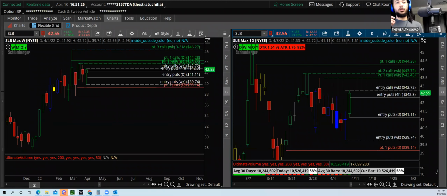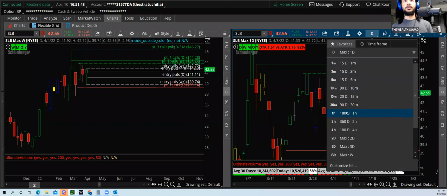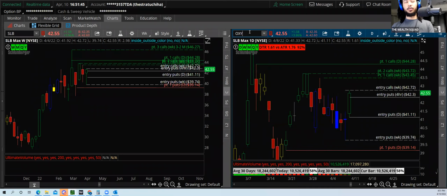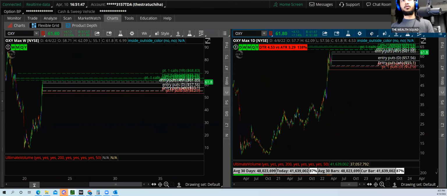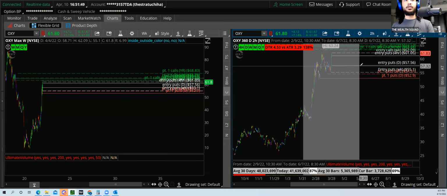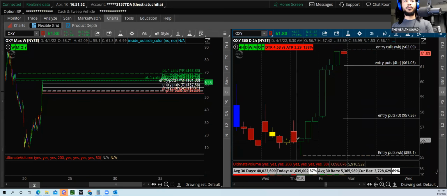Whenever we're intraday, I'm generally watching the 5, 15, 30-minute and hour all at the same time. If there are certain reversals setting up, I may look at other time frames because I like to mix and match. A lot of times I also like to use the 2 hour. For example, Oxy on Thursday had a hammer on the 2 hour and ended up doing a 2-2 reversal on the 2 hour.